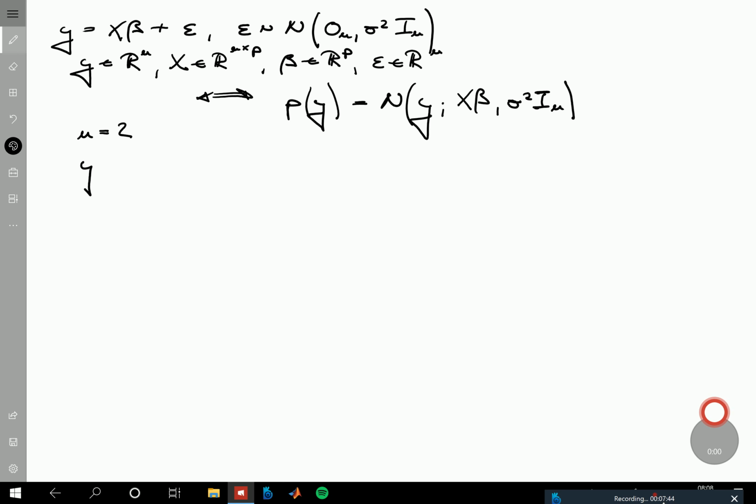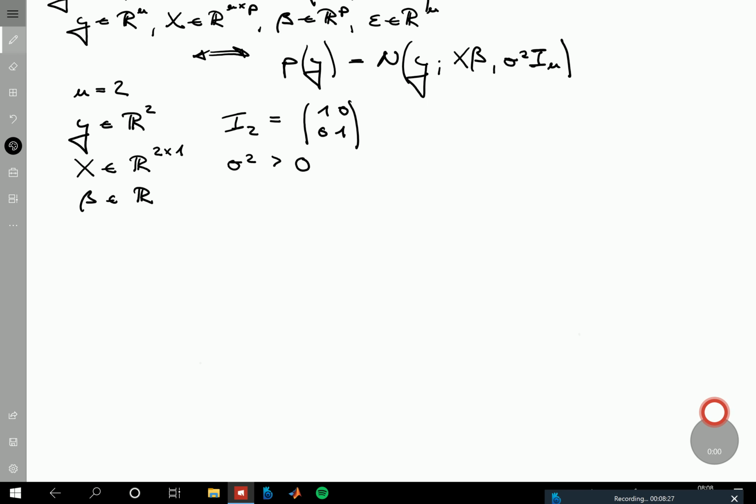Hence, the data would be a 2-dimensional vector, and the design matrix would have 2 rows, and let's say there's just one parameter, so beta would then just be a real number, and our identity matrix would be the 2 by 2 matrix, and of course sigma square is a number larger than 0. So this is the scenario we now want to look at.